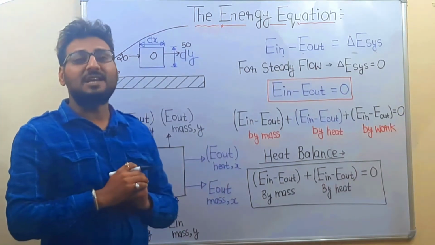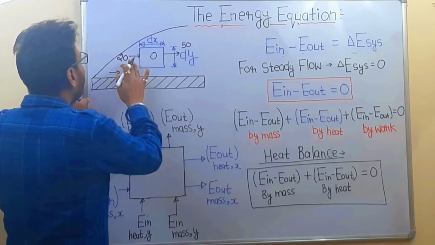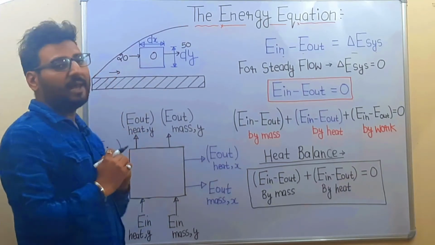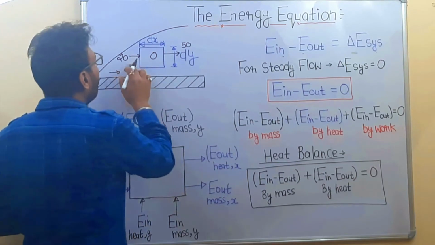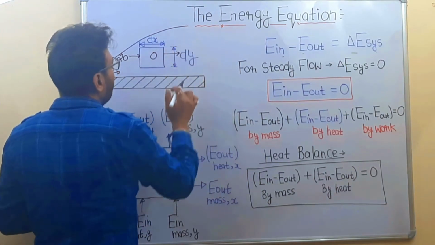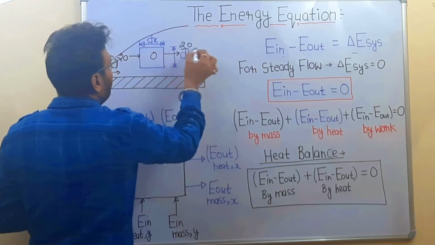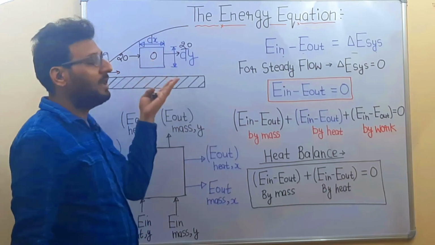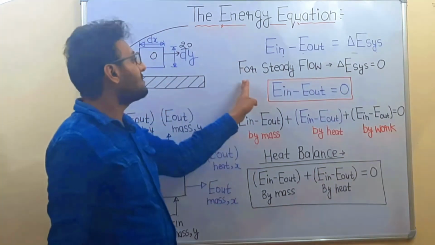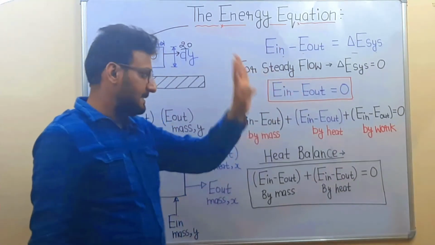So this condition is showing that whatever energy is entering the system, the same energy is leaving the system. If 20 watts of energy is entering the system, then 20 watts of energy should leave the system, and the energy stored by the system should be zero. So for steady flow, our energy equation reduces to this.